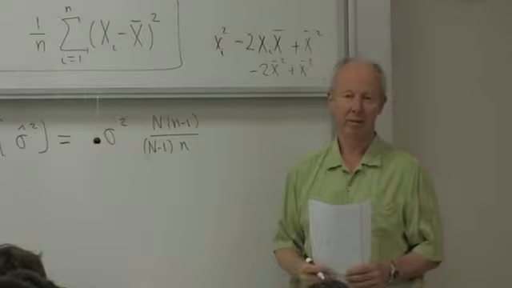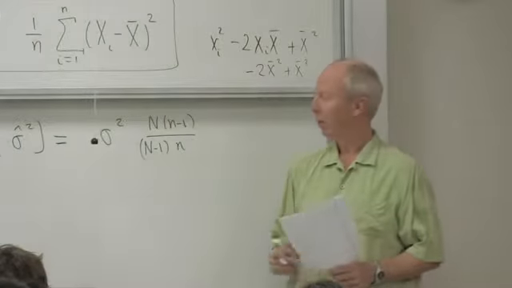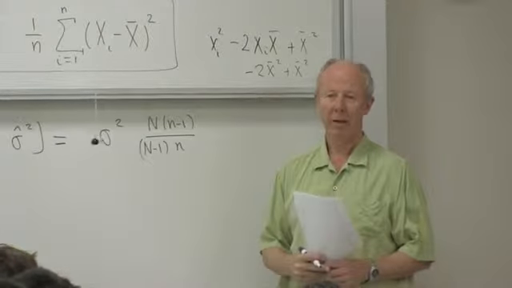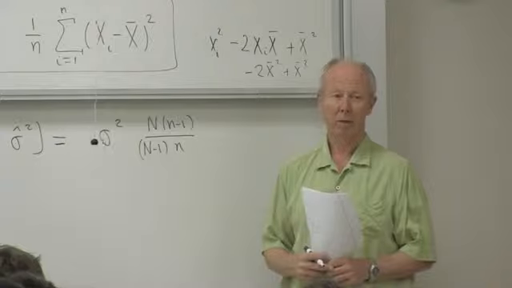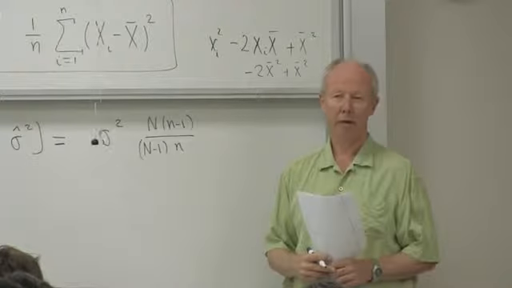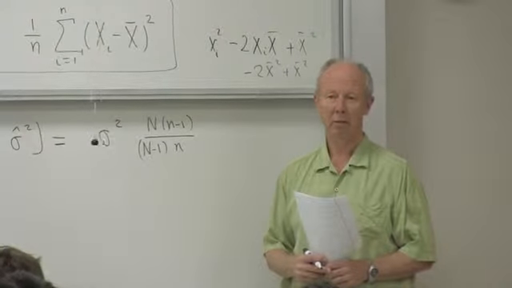But it's not 1. It's never equal to 1. So is sigma hat squared an unbiased estimator of sigma squared? No. How can we use sigma hat squared or modify it to get an unbiased estimator of sigma squared?